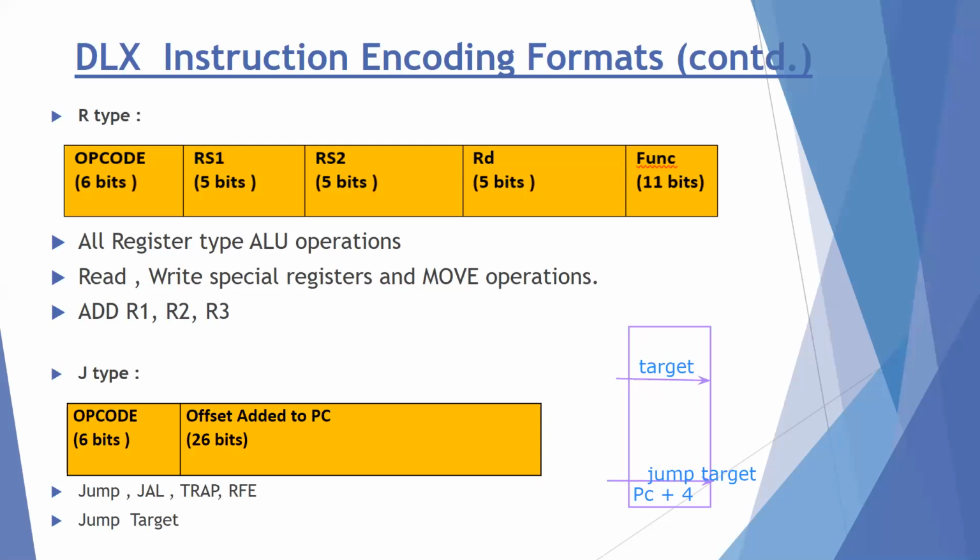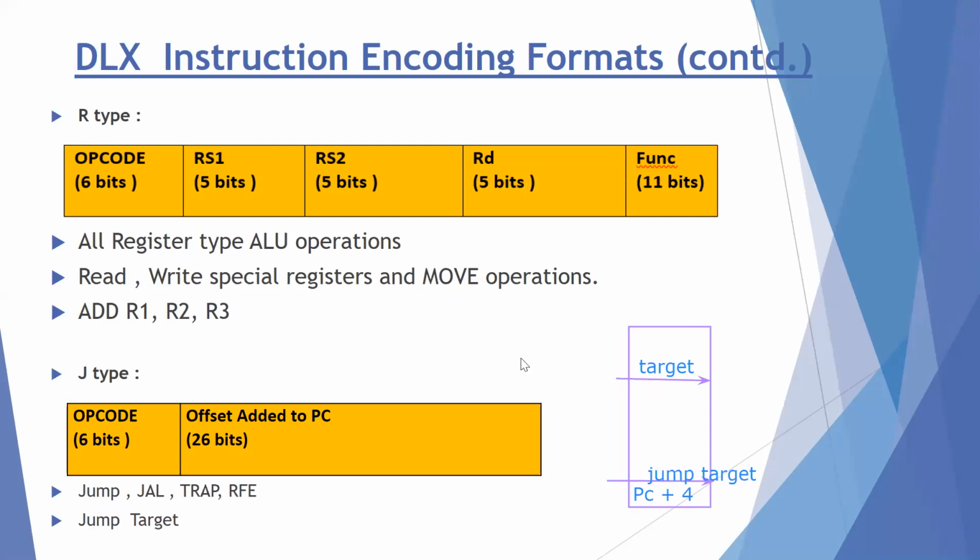Since every instruction is 32 bits in length, this becomes PC plus 4. Why 4? Because 8 fours are 32. One location is 1 byte, 8 bits. I have to fetch one instruction which is 32 bits, which means 4 locations. So automatically it becomes PC plus 4.